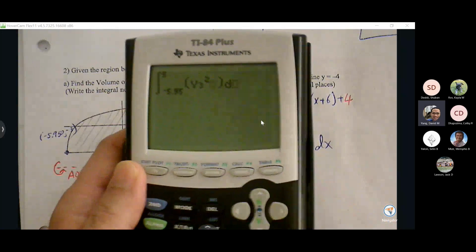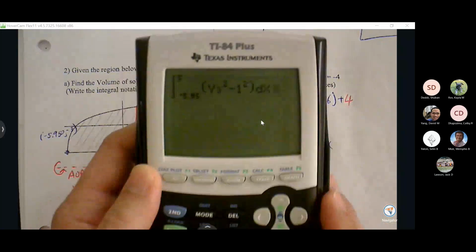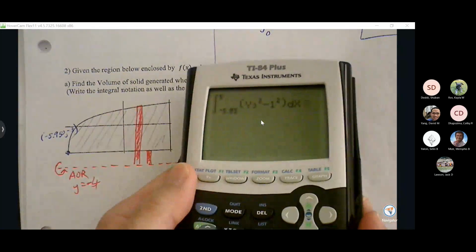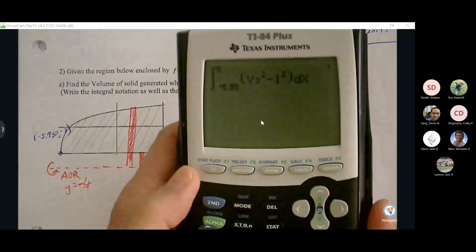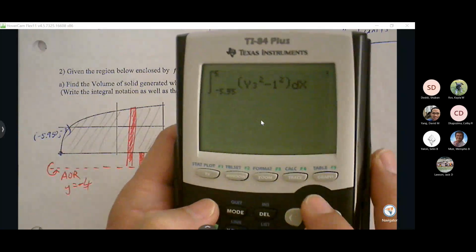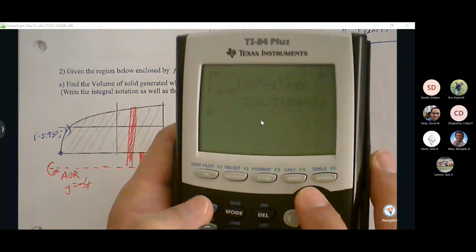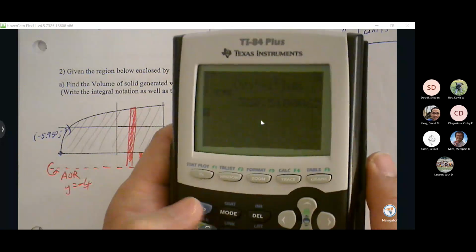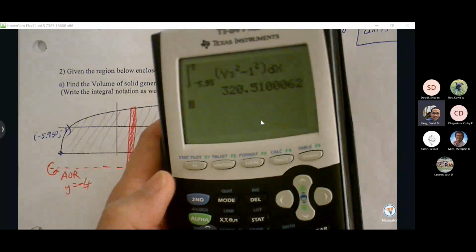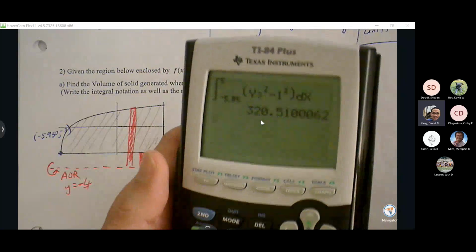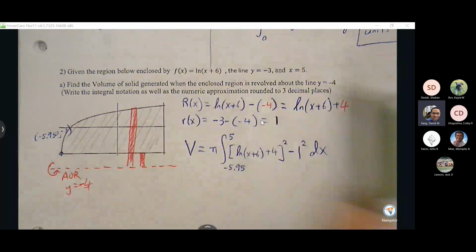So there's my big R squared minus little radius squared dx. Okay, this is rotation around an axis. This is circle related, so there's going to be that pi involved in our answer, and this is volume calculation, so units cubed.